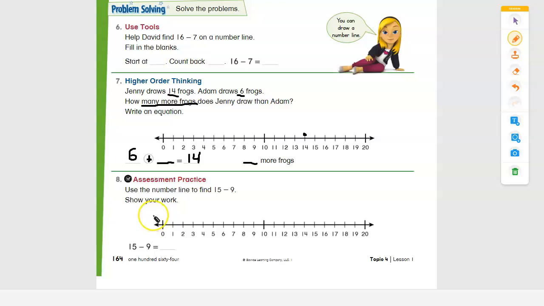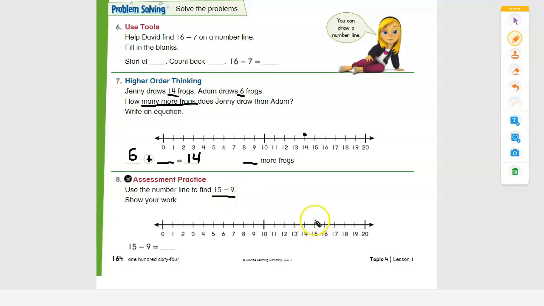Our last one says, use the number line to find 15 minus 9. So for number 8, you will do exactly what we've been doing in these problems. You will start with the whole, plot it on the number line, and then count back the number you are subtracting.